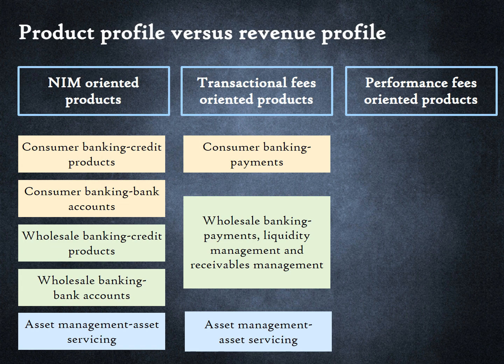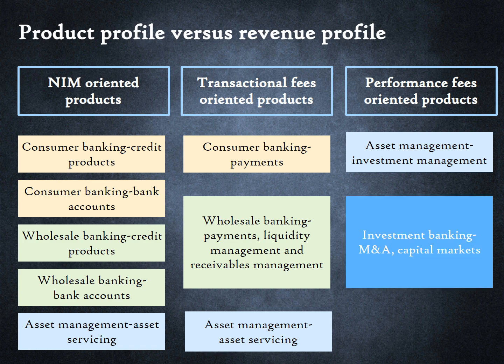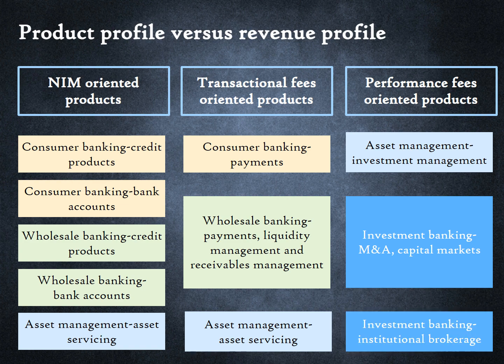While asset servicing fees are transactional in nature, the fees on investment management products are performance-driven. Finally, investment banking products like M&A and capital markets have performance-driven revenue streams. The fees earned by sales and trading desks of investment banks can either be transactional or performance-oriented depending on the complexity of the trades. To keep it simple, we can classify these products as performance fees-oriented.